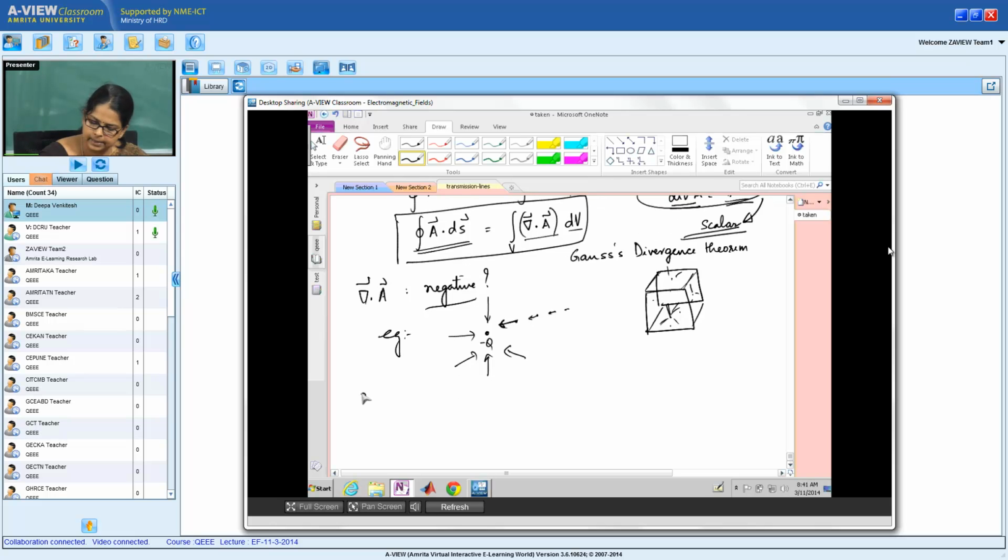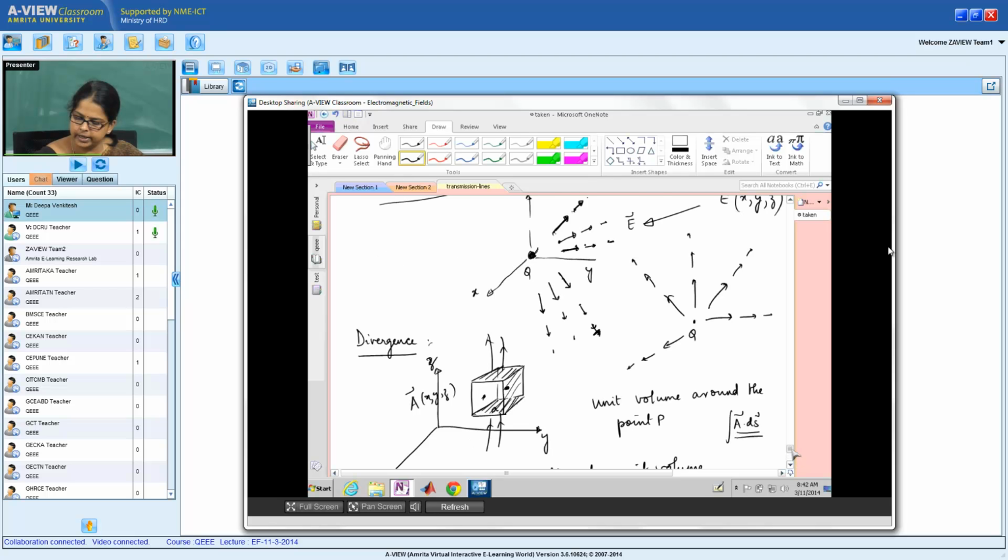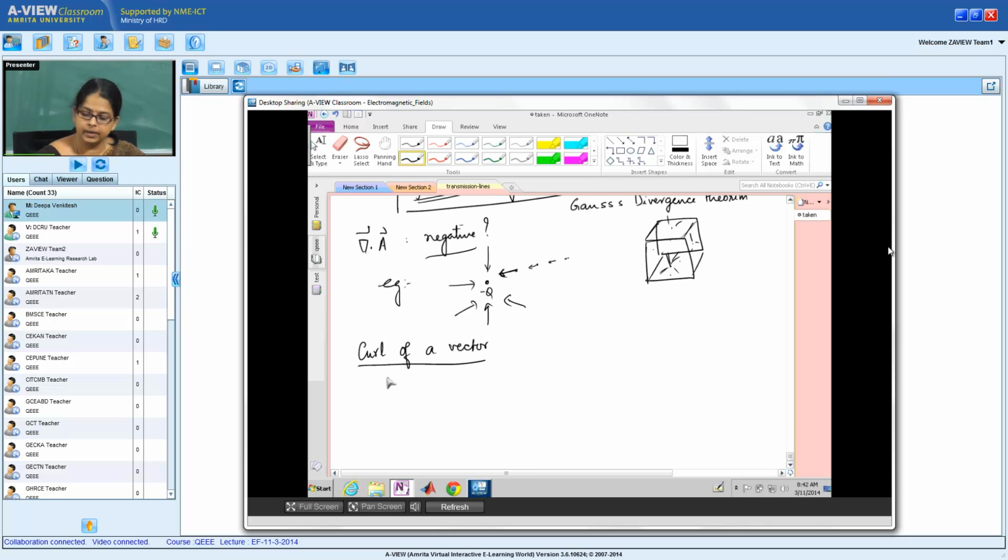Okay, the next concept that you want to know in electromagnetics is the curl of a vector. Now, divergence was telling you how much the vector is spreading out, whereas curl is going to tell you how much the vector is rotating. The effect of circulation or rotation.